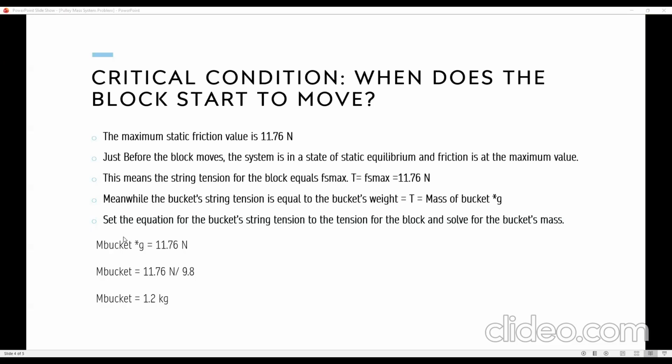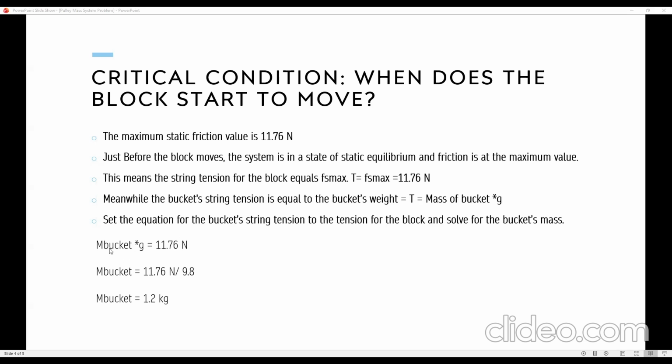In order to solve for this value, we're going to set the equation for the bucket's string tension equal to the tension of the block and then solve for the bucket's mass. So the string tension for the bucket, which is equal to the mass of the bucket times gravity, is going to be equal to 11.76 newtons, which is the string tension of the block.